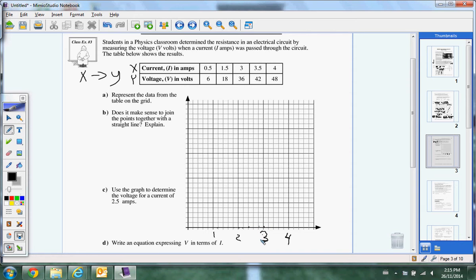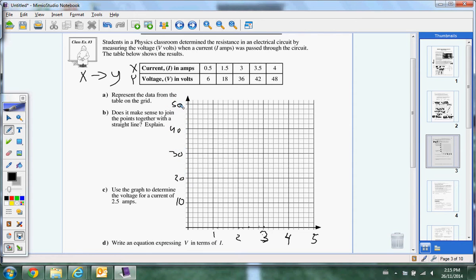And 5. Okay. And then going up, every 5 was 10s. I went by 2s. So this is 10, 20, 30, 40, 50.